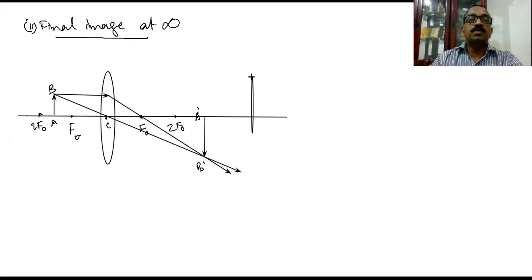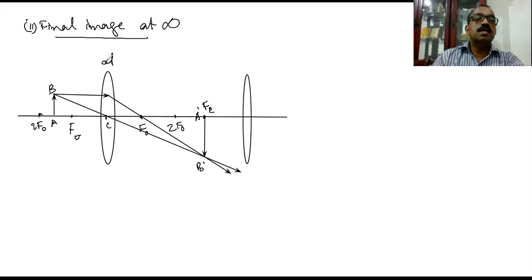Now the next thing is you should position the next lens, which one? The eyepiece. Positioning it in such a way that this is supposed to fall at the focus. So this is the focus of eyepiece, FE.